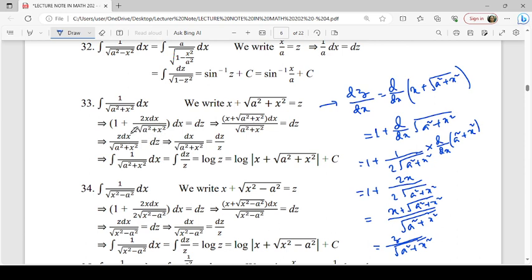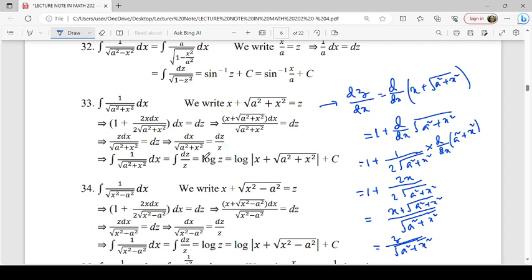Now we separate the variables, so we write this as dz by z equals dx by root over a square plus x square. So initially we are given this function, 1 by root over a square plus x square, and this we write as 1 by z.